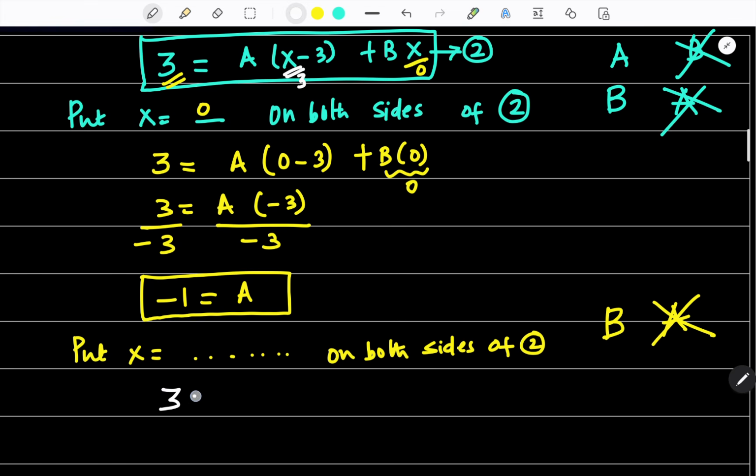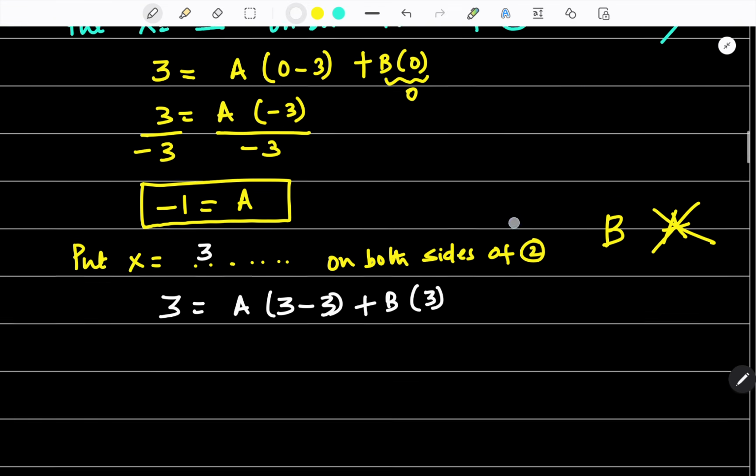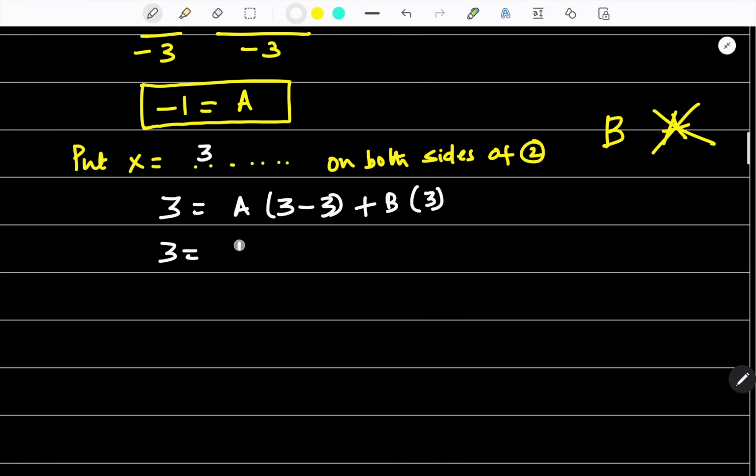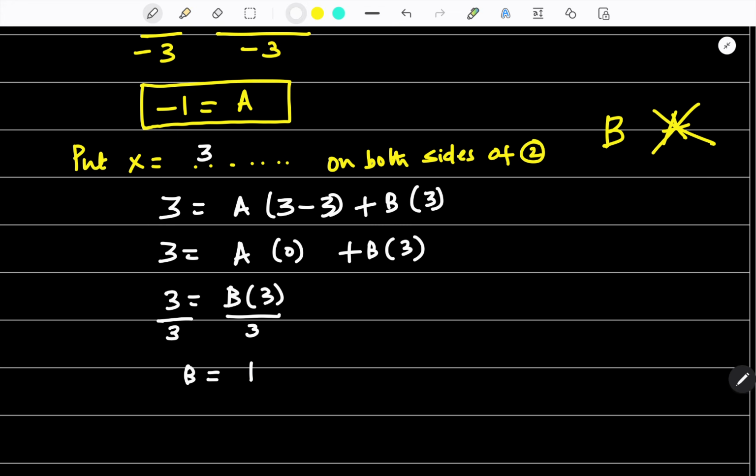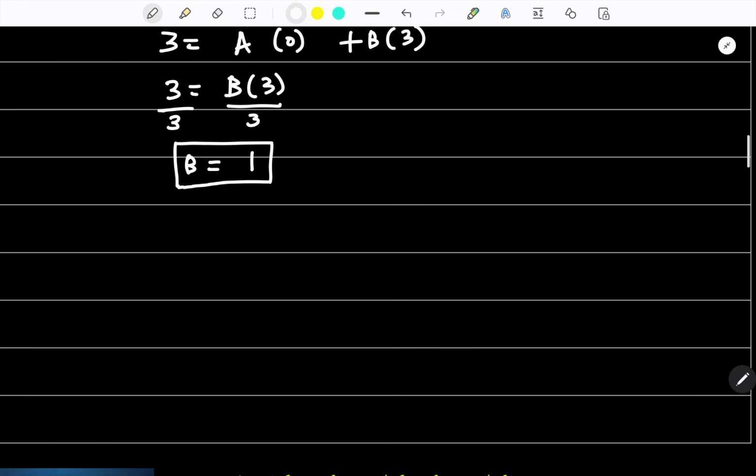So 3 equals a times 3 minus 3 plus b times 3. So 3 equals a times 0 plus b times 3. So 3 equals b times 3. When I divide by 3, my b is equal to 1.